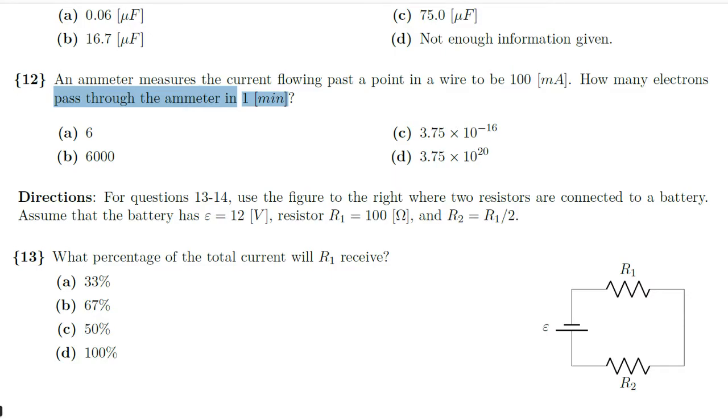Think about how you would calculate this for a moment. Come up with the equation that you think you're supposed to use pertaining to current and time here, and let me know if you have an idea of where to go with this.